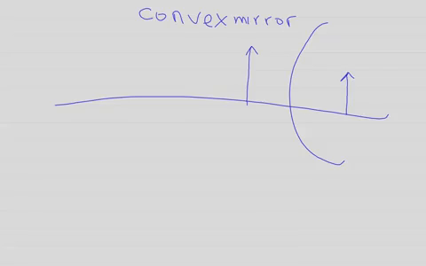The image will be virtual. From here to here is the object distance, from here to here is the image distance. So the image is usually virtual.